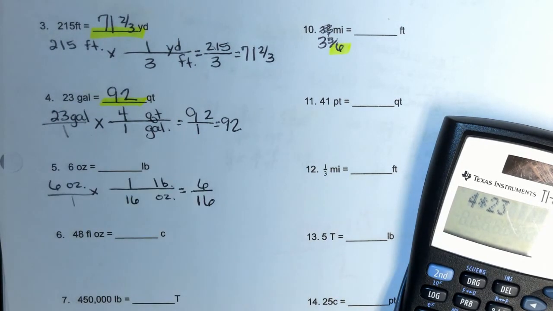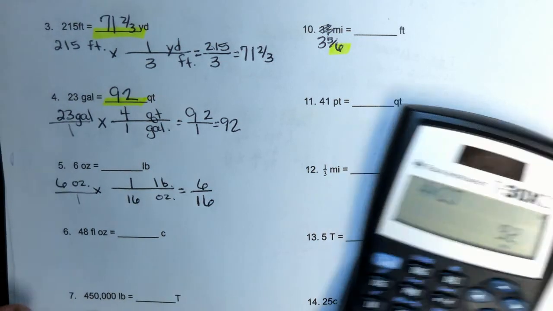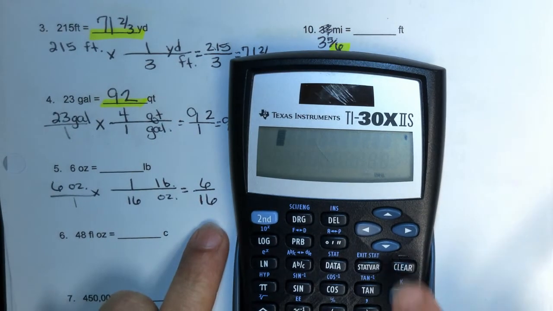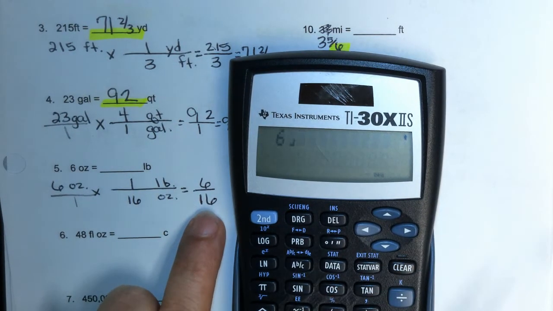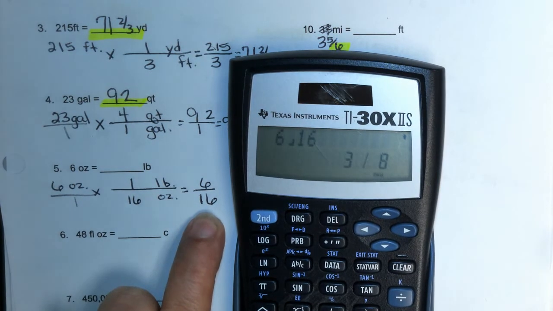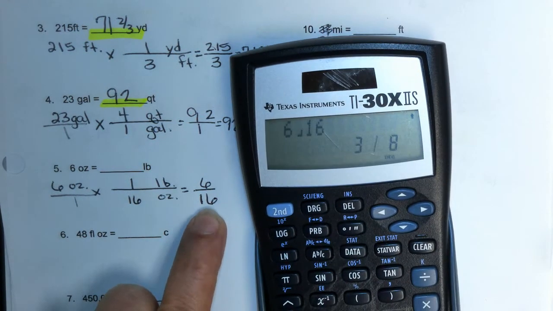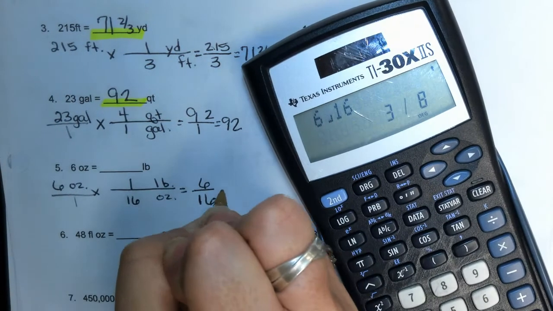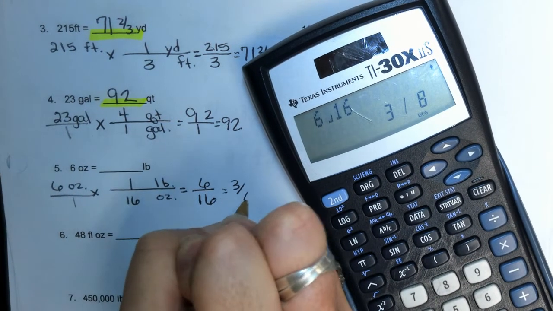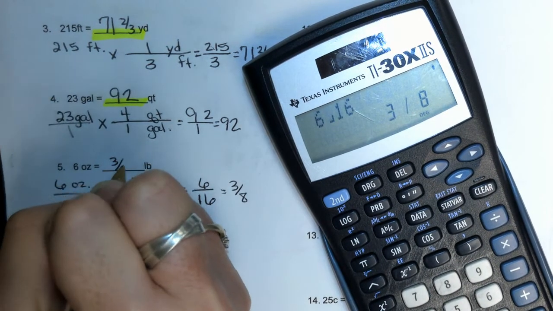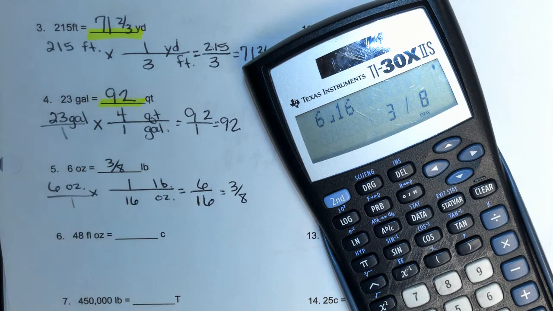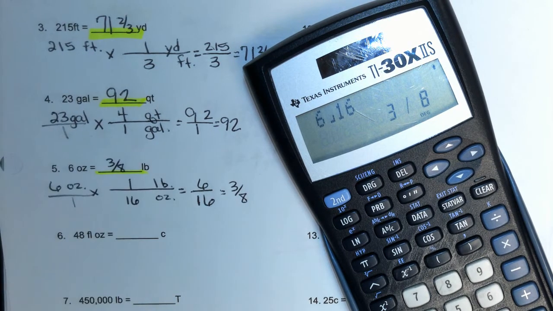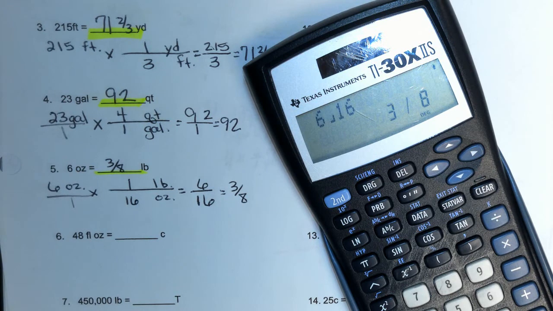Now, if you can't simplify this thing, use the ABC button. 6 ABC 16 is 3/8. And that's what it is. Basically, it divides top and the bottom by 2. And yes, they've got to be in simplest form tomorrow. Does that make sense? Everybody good?